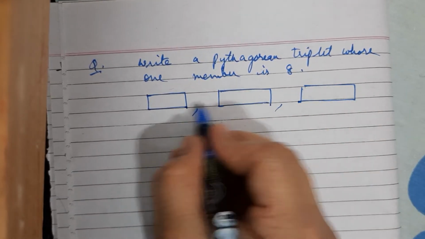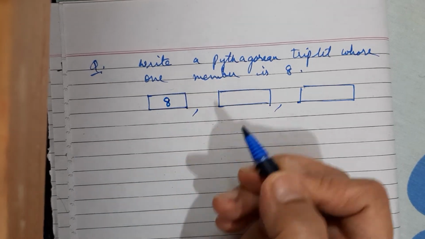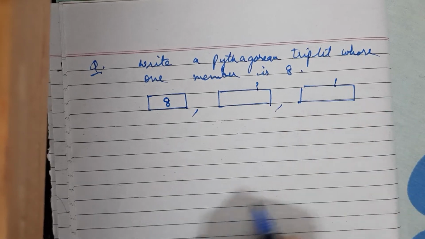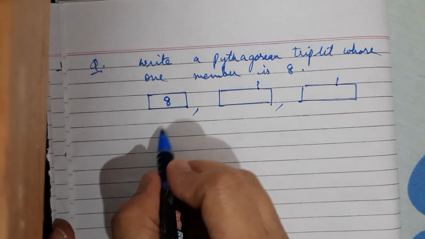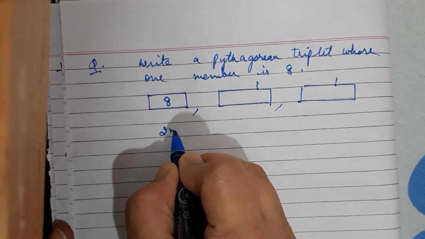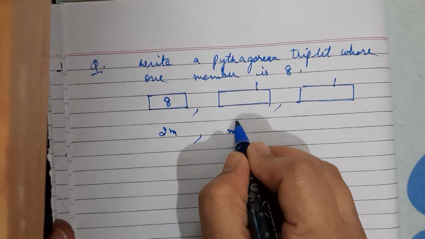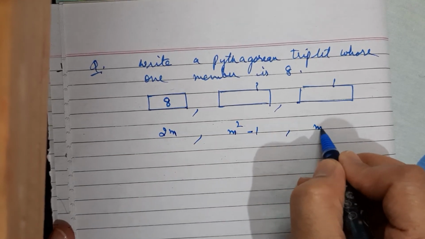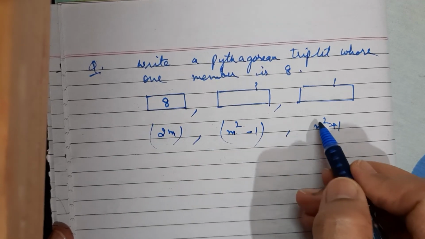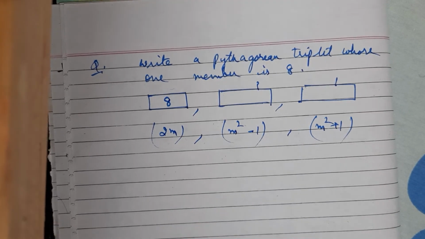So out of these 3, one member is given as 8. We have to find out the other 2. Just now we have studied the general formula. So we can find out by using 2m, m square minus 1 and m square plus 1. These are the 3 members of the Pythagorean triplet.